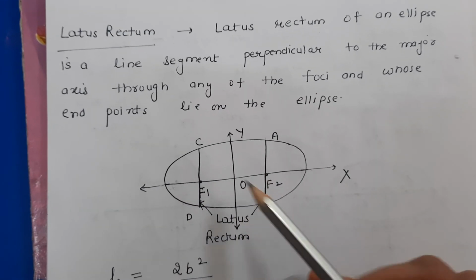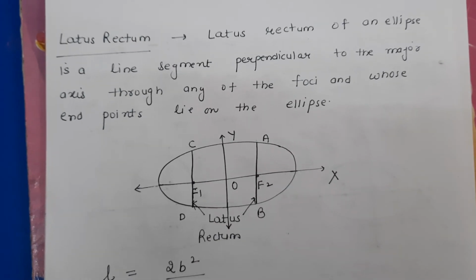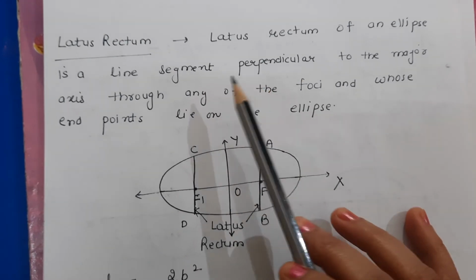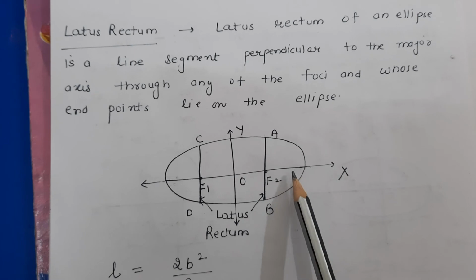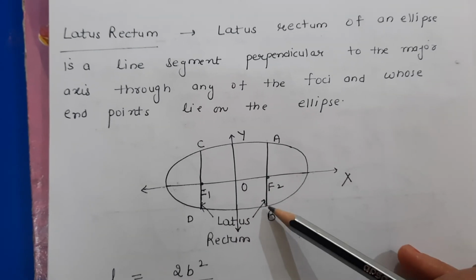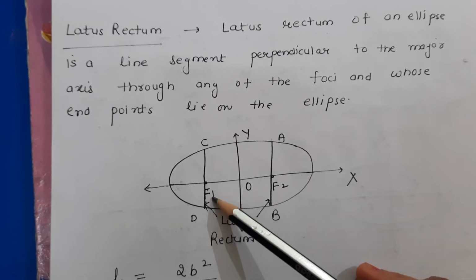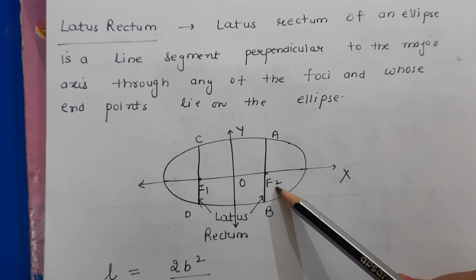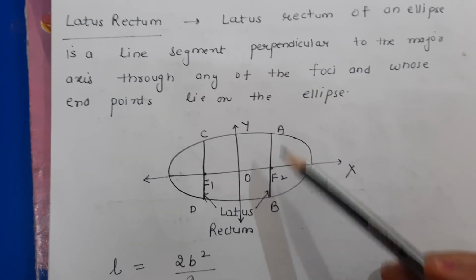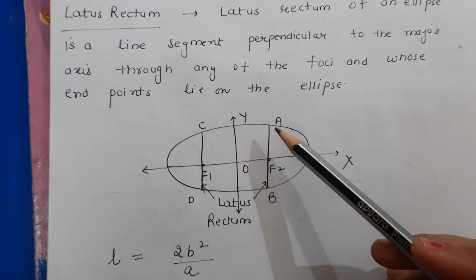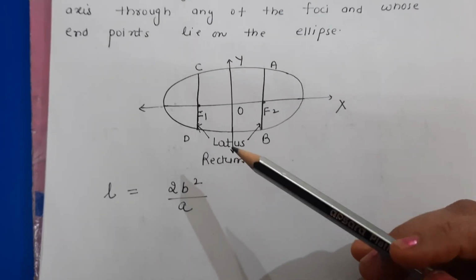So these two, AB and CD, are the latus rectum. It is a line segment perpendicular to the major axis through either of the two foci, maybe through F1 or through F2, and whose end points also lie on the ellipse. So AB or CD both are latus rectum.